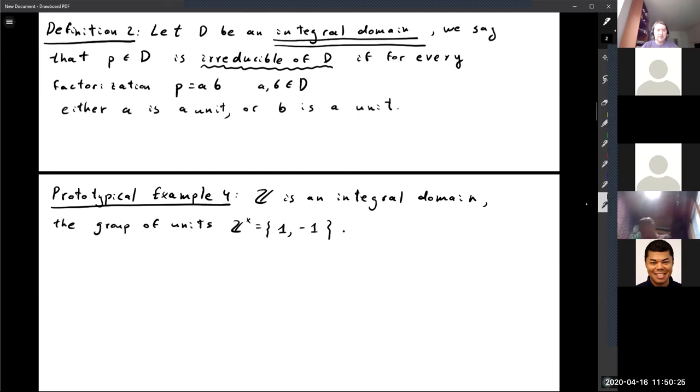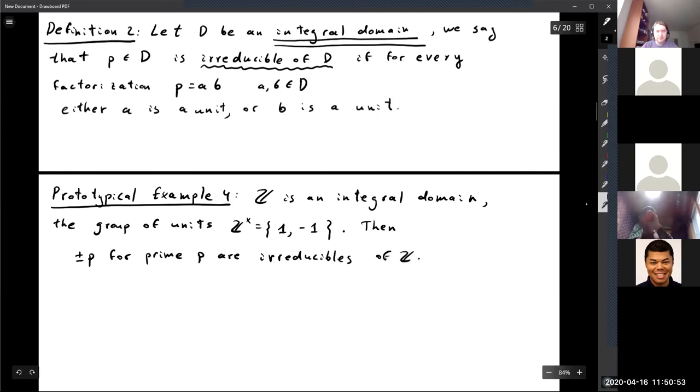And then plus or minus p, for prime p, are irreducibles of Z. And of course, all other elements are reducible.